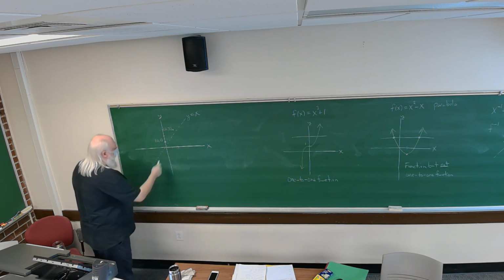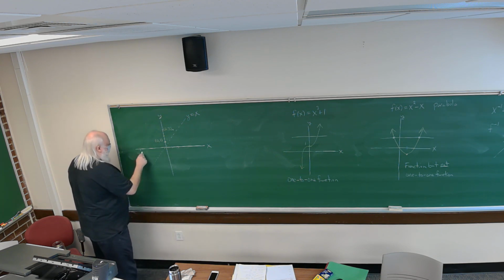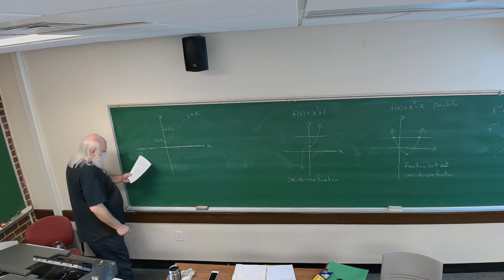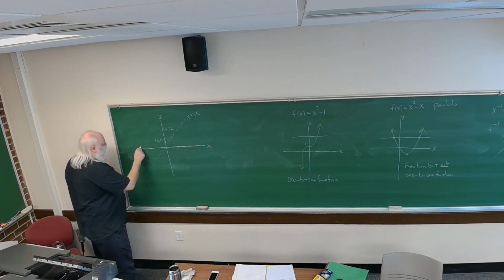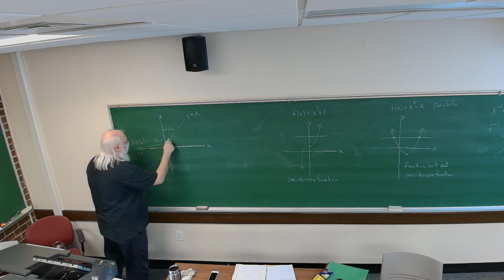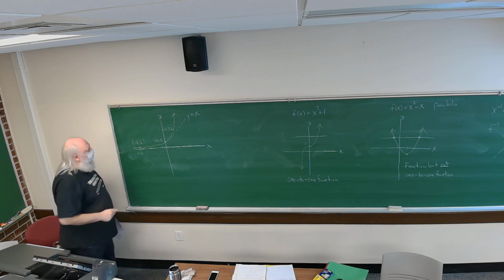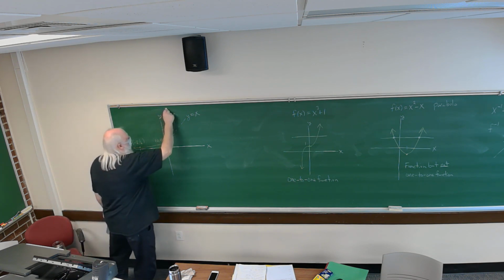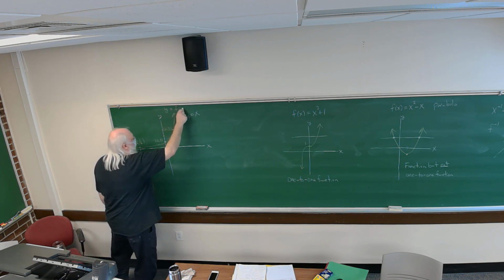And out here at -8, the point on the graph is (-8, 1/2). So when I fit a smooth curve, the graph looks something like that. This is a graph of y equals f of x.